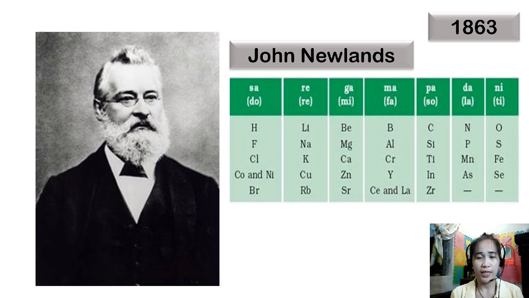So take note of that, guys. They arranged the elements in their periodic table according to the increasing atomic masses. Okay, so don't forget that John Newlands proposed the law of octaves.